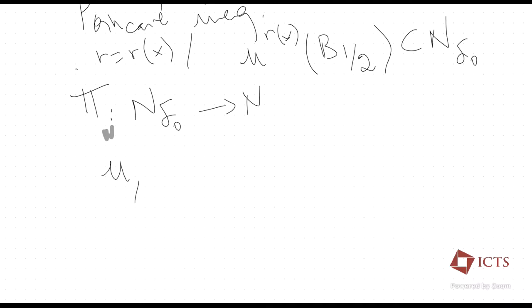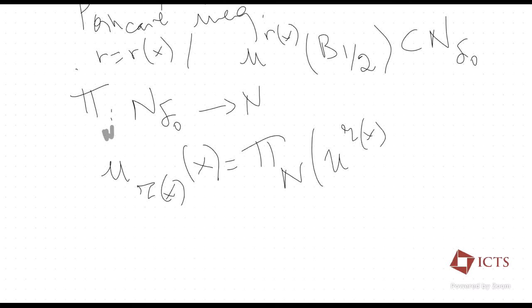Let me write it here. You can build a new map, U_r(x), which is just the projection of this map.